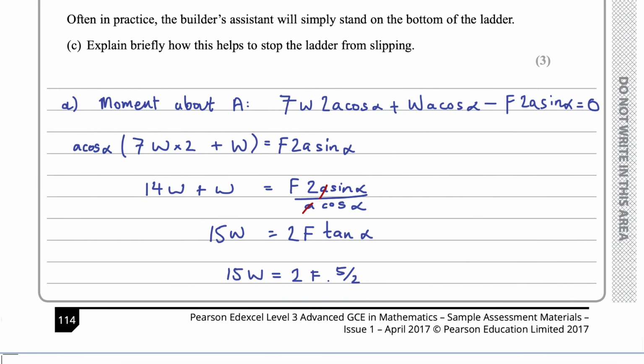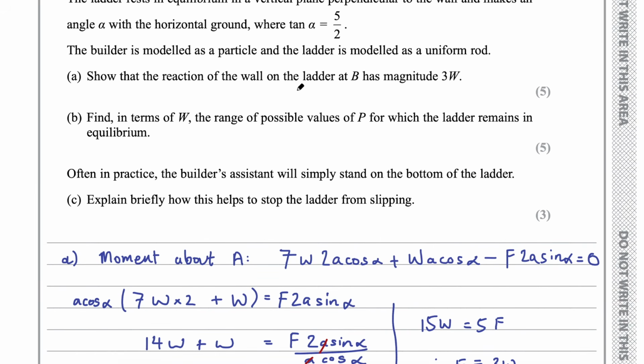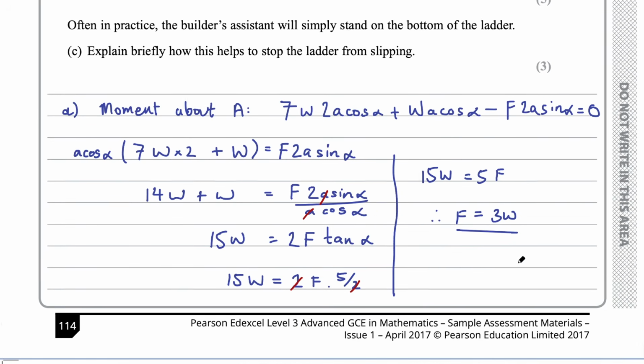These 2's here will cancel out. So on the right hand side, I'm just left with 5F. See if we can finish this off on this page. This will be 15W equals 5F, and therefore F will equal 15W divided by 5. That's going to be 3W. Okay, so there we have shown that the force pushing back on the ladder from the wall will be 3W.